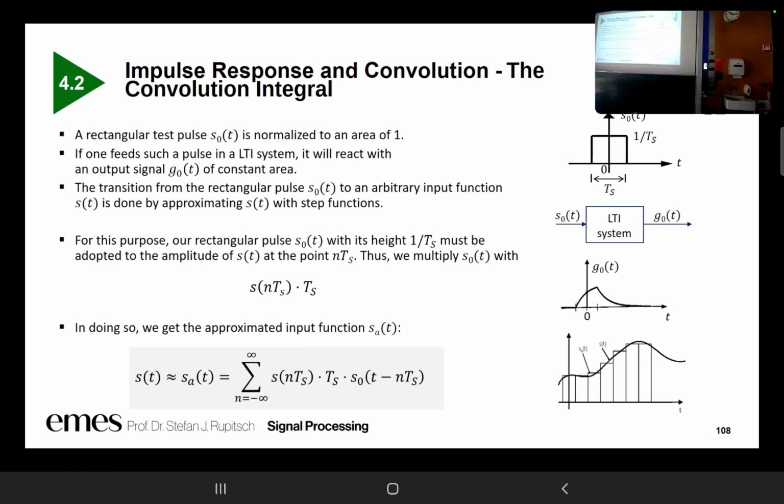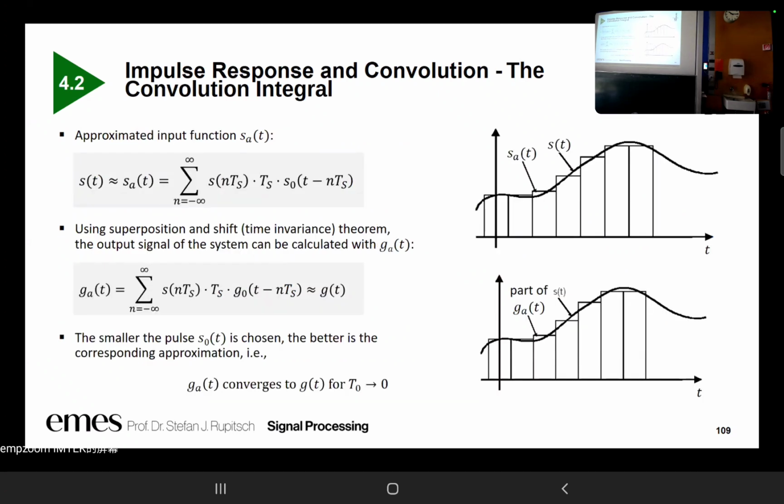We have to consider TS, and the value in the middle of our rectangular signal, which is the value of our input. This is then the result. Here we have again our approximated input function, and this leads to the approximated output.